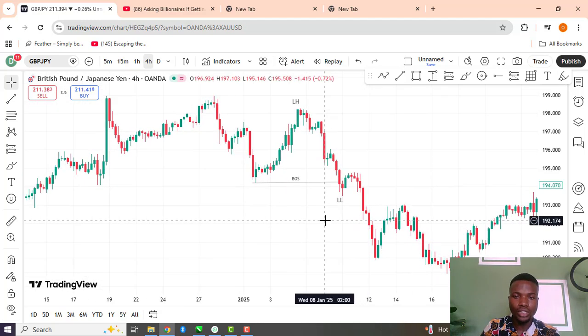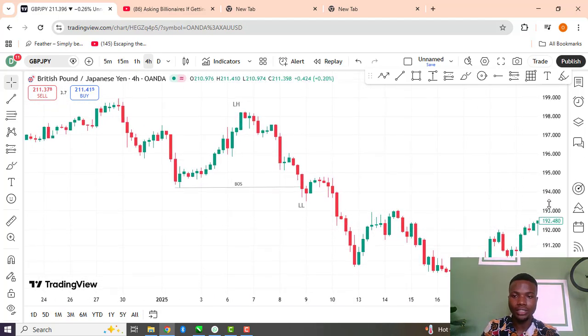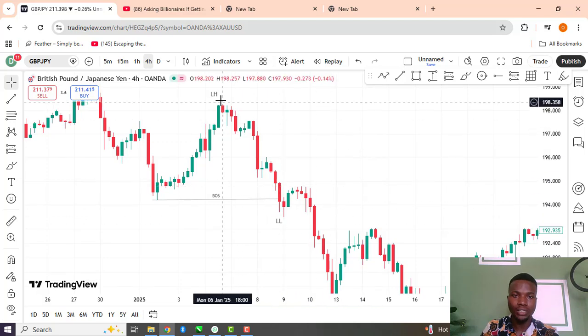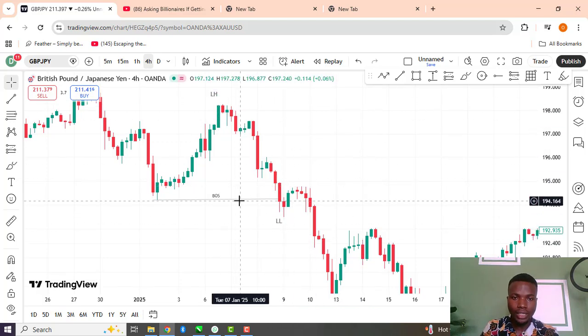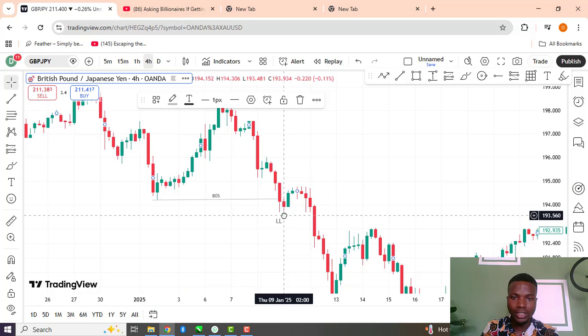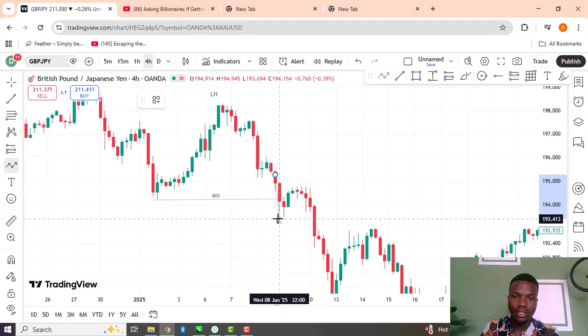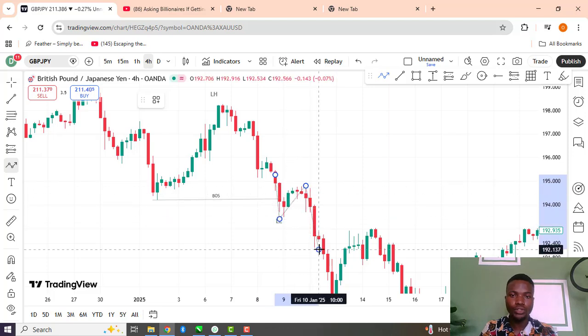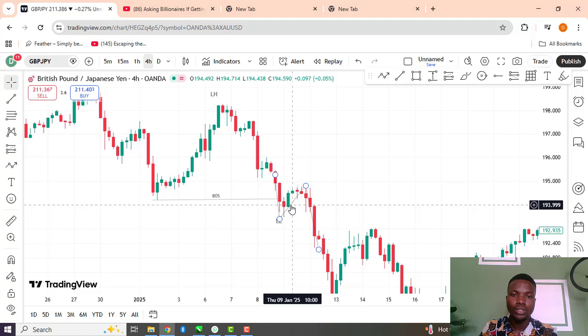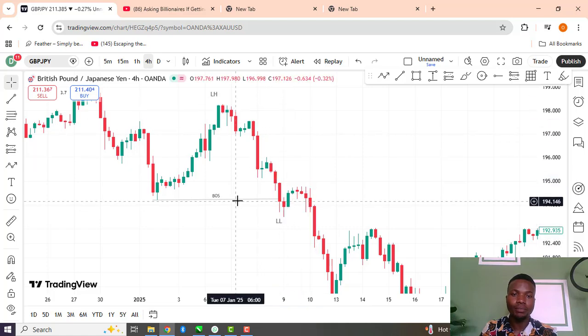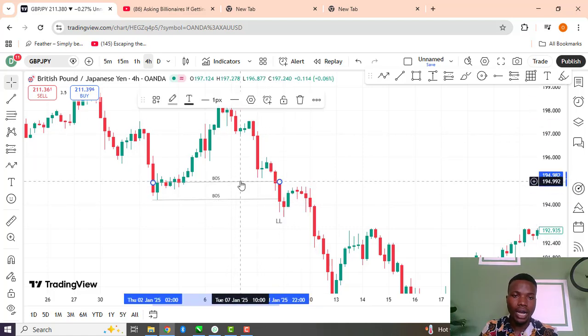Now let us just continue to mark out our break of structure so that you can understand what price is actually doing. So look at this zone again. You can see that after price got to this level right there, price retrace back and move to the downside. So that is to say that we also have a break of structure around that zone.